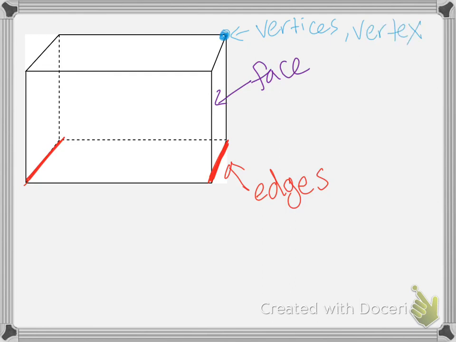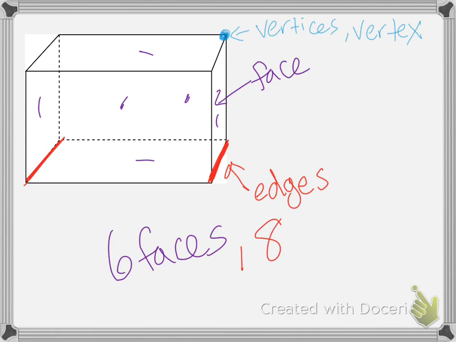So if you look, this rectangular prism has 6 faces, because it has a top and a bottom, a left and a right, and a front, which is hard to show, and a back. It also has 8 vertices, because if you look, we've got 8 points.